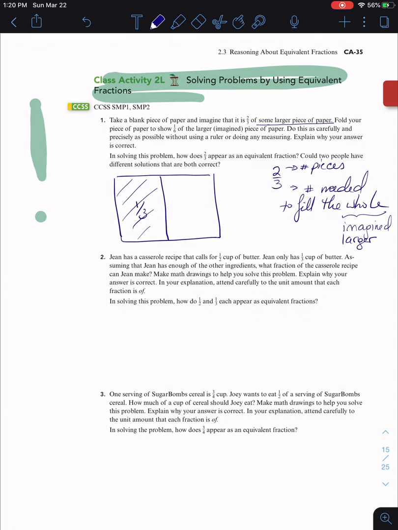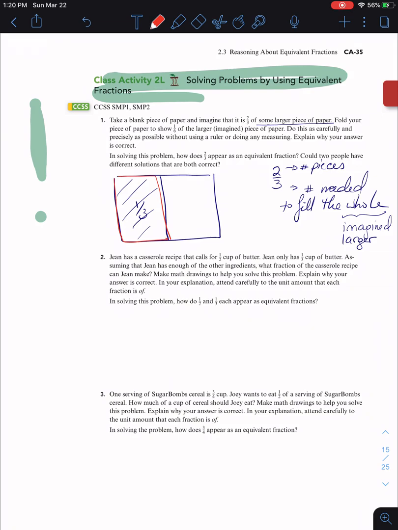So now it's asking us to fold our piece of paper to show 1/6 of the larger piece of paper. So how do we fold this so that instead of thirds, which we know what's a third, we actually need 1/6? So if we need 3 of these pieces to fill the whole, how is that going to compare to the pieces that you need 6 of to fill the whole?